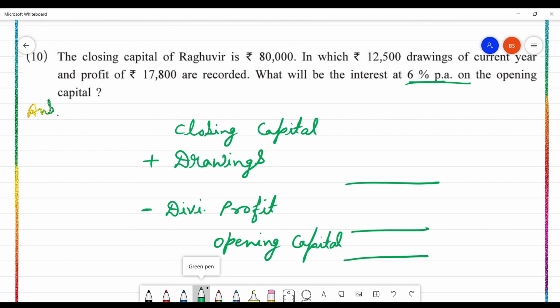So closing capital is 80,000 plus drawings 12,500. The amount is 92,500. After that divisible profit, which is 17,800, will be deducted from 92,500. Then the amount will come 74,700. On this amount we will calculate the interest on capital.